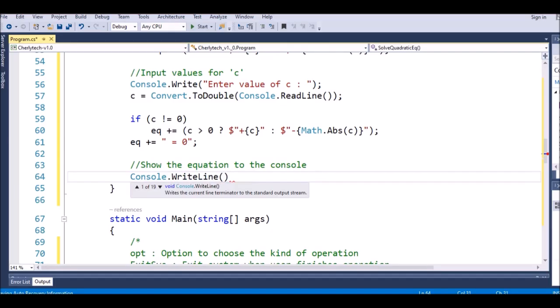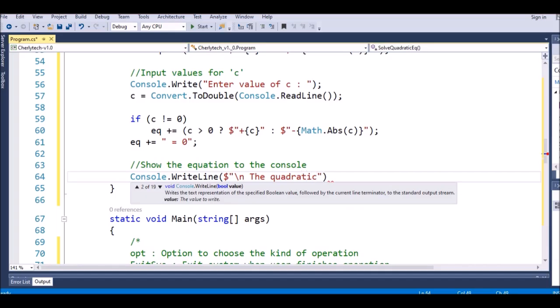and in here we say just this one, the quadratic equation.